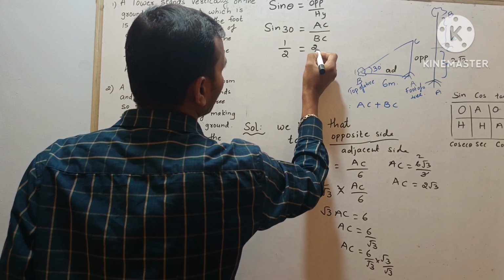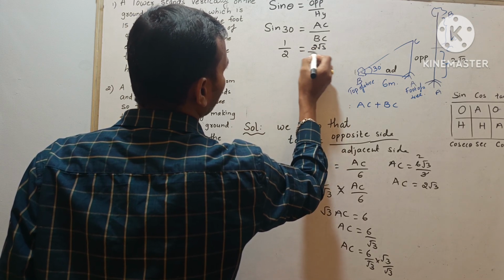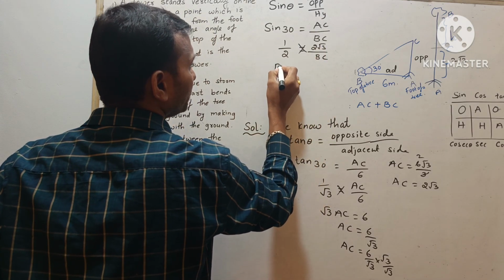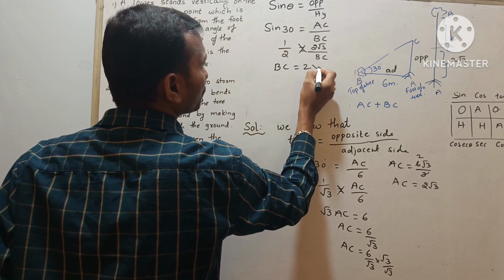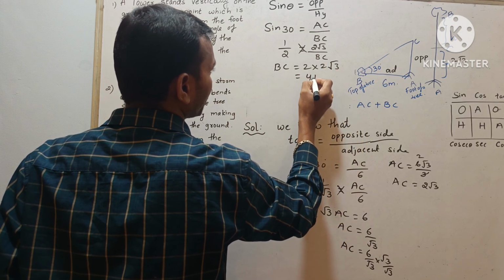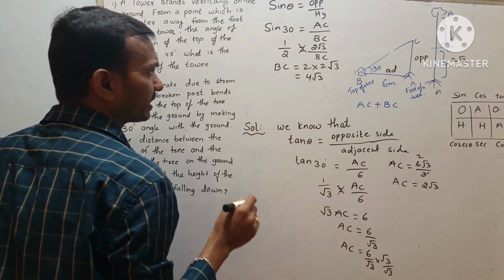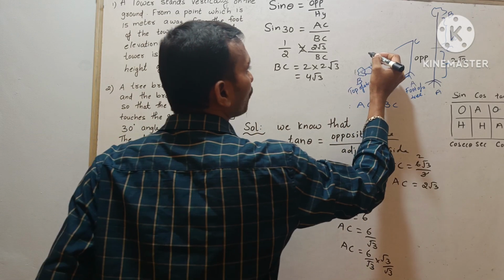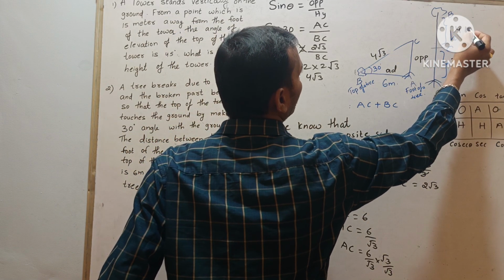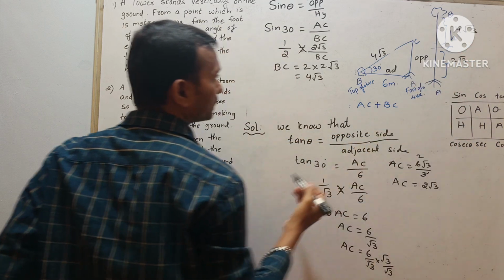AC value is 2 times root 3 by BC. If you do cross multiplication, BC is equal to 2 into 2 times root 3, that will give you 4 root 3. So we got the value of BC also, that is 4 root 3.